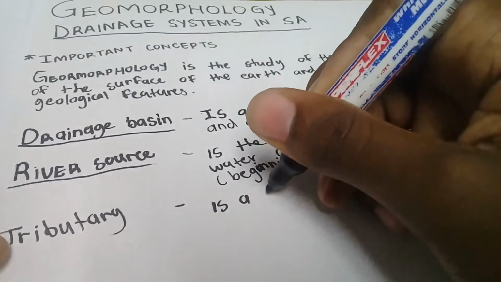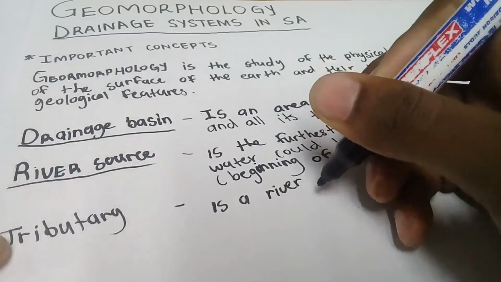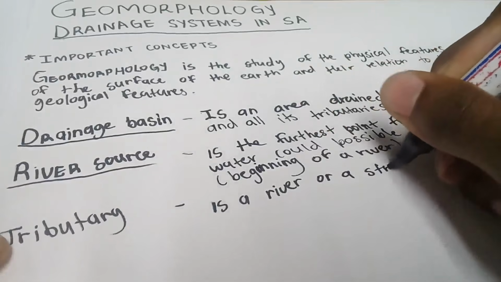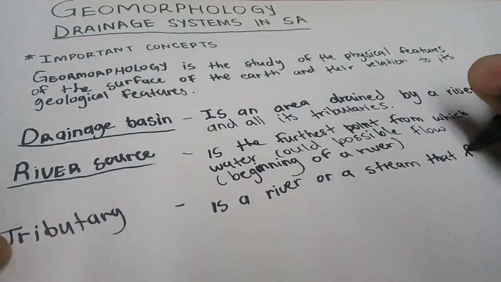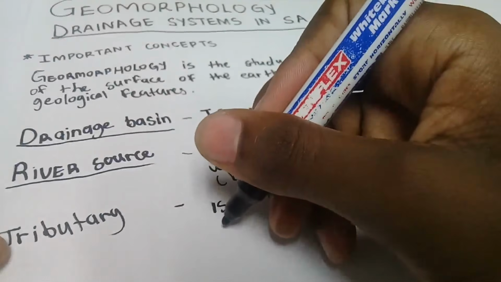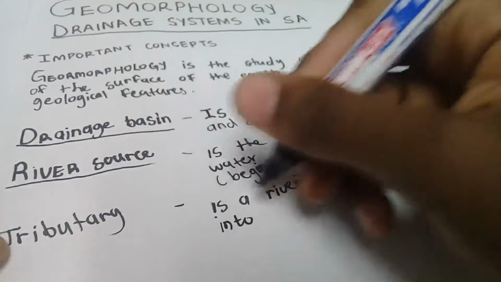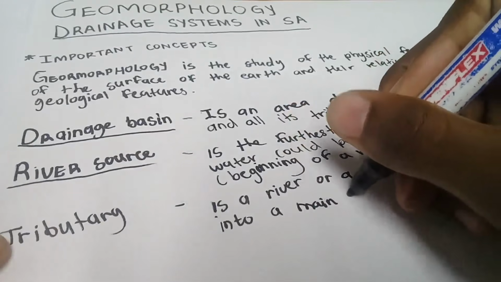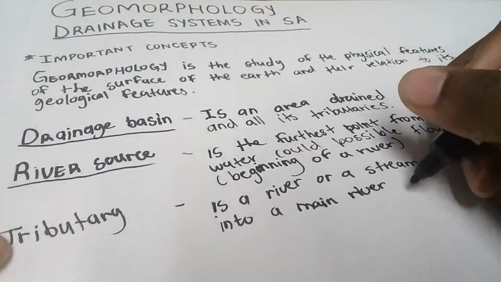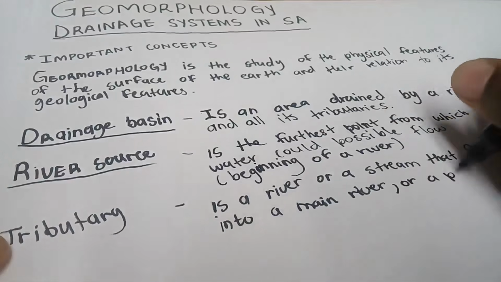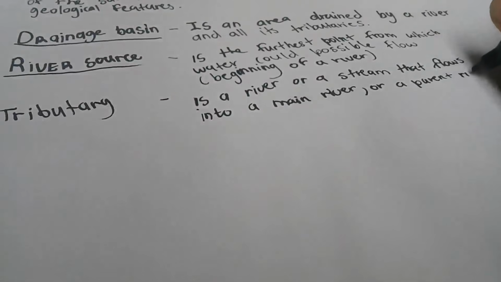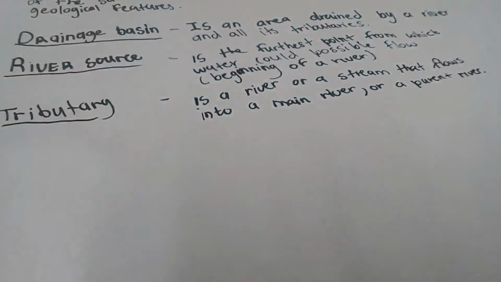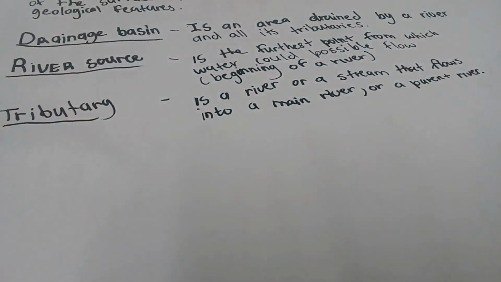So a tributary is a river or a stream that flows into a main river or a parent river.